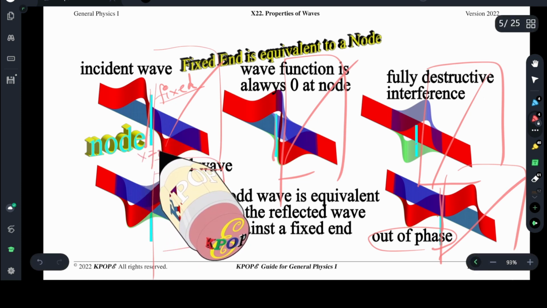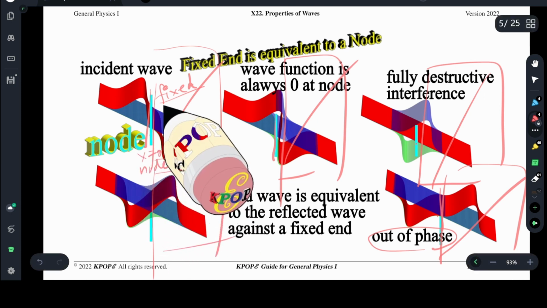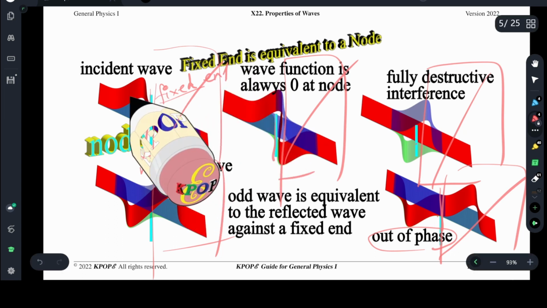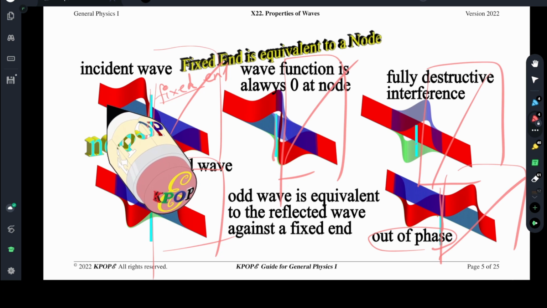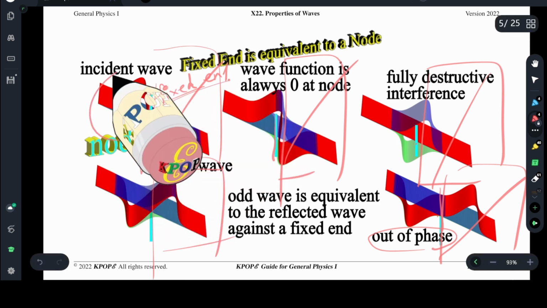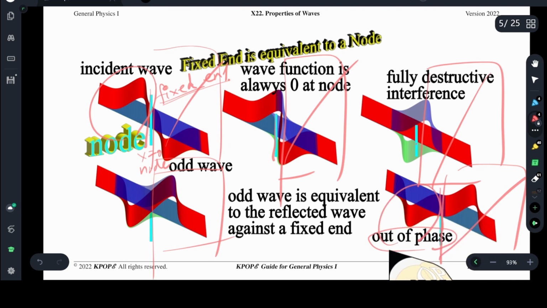So x equals 0 is a node, and it is a fixed end reflection. When the reflection of a wave happens against the fixed end, the reflected wave becomes completely out of phase. Okay? Out of phase, opposite direction.